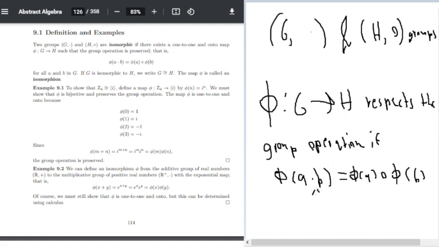Notice the swapping of the actual operations. And phi is an isomorphism if phi is bijective.